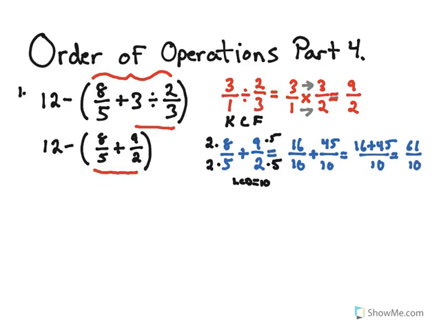There are many ways you can find the LCD, and that's just one way. If that is too difficult to understand right now, then you can use what we call the butterfly method. I'll show you really quickly. This is very common.